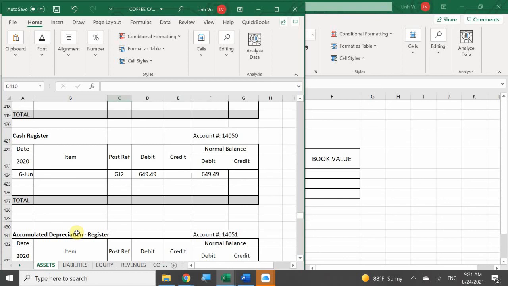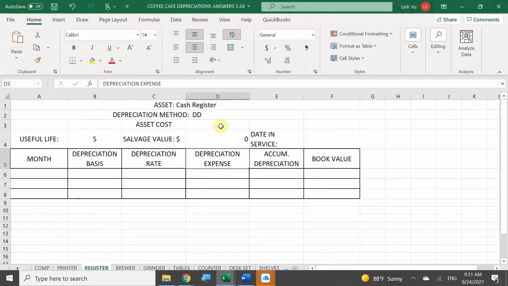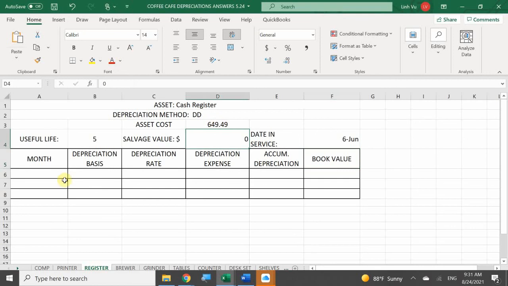June 6th for 649.49. So the date we placed it into service was June 6th, for 649.49. Let's solve for the depreciation expense for the month of June.